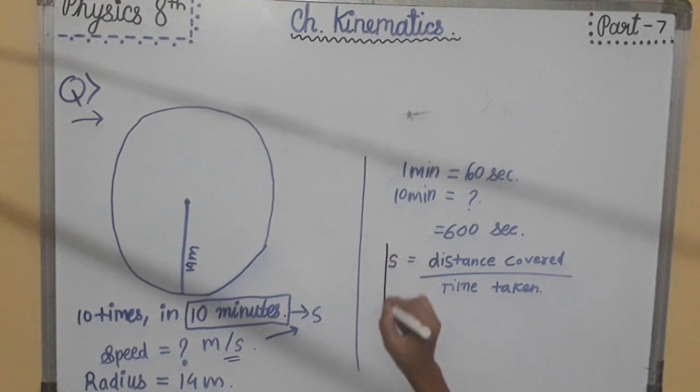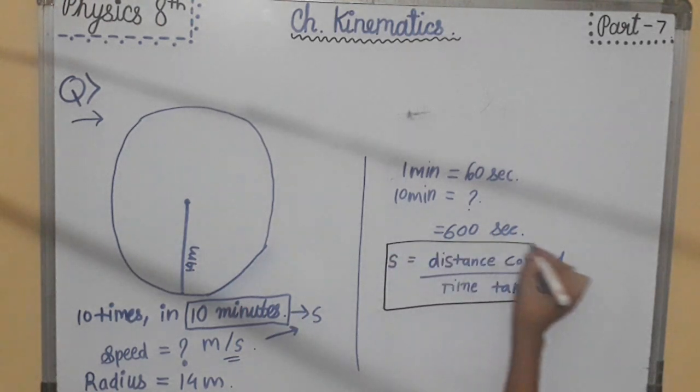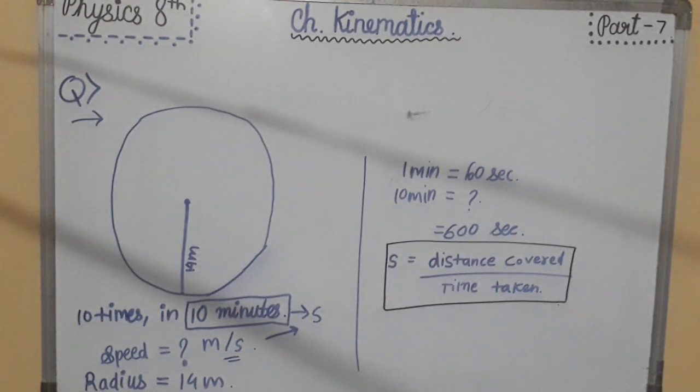This will be our formula. After that, distance covered by the athlete in a circular path is equal to number of times he runs in a circular path into circumference of the path.